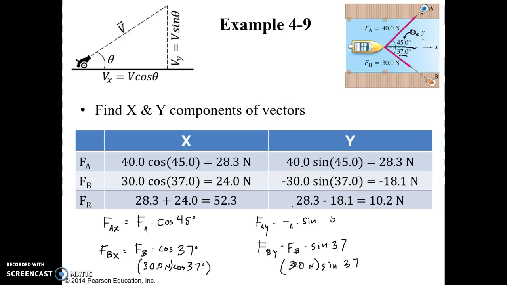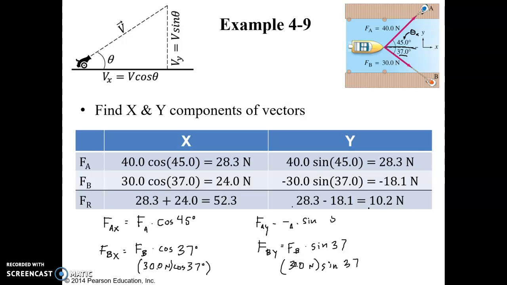In the y direction, 40 times sine of 45 is 28.3. So this guy is pulling the boat up, and his upward force is 28.3 newtons. We have to remember this guy is pulling the boat down. So it's really important not to forget this negative sign here. When we find the vertical component of force B, it's negative 18.1. So 28.3 minus 18.1 is 10.2 newtons.